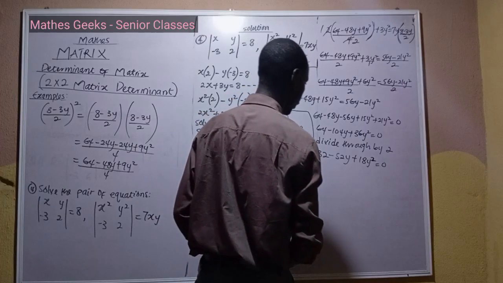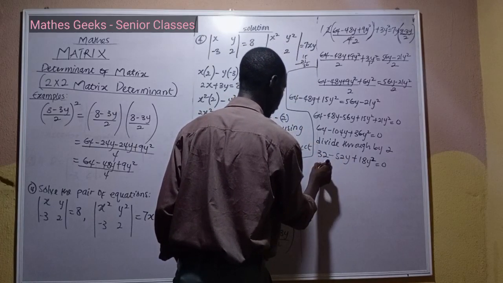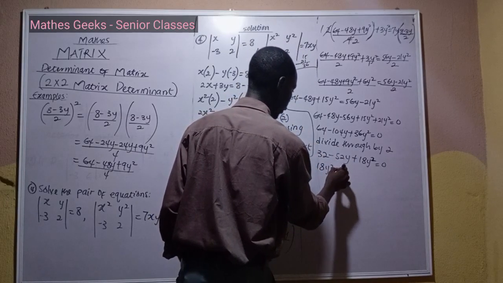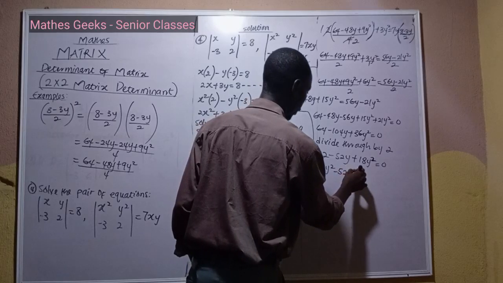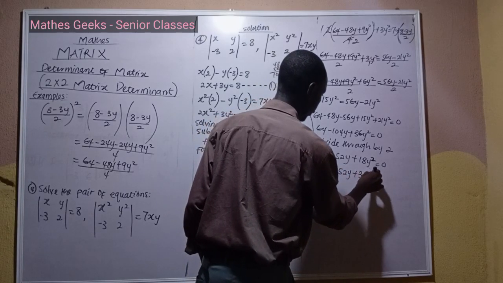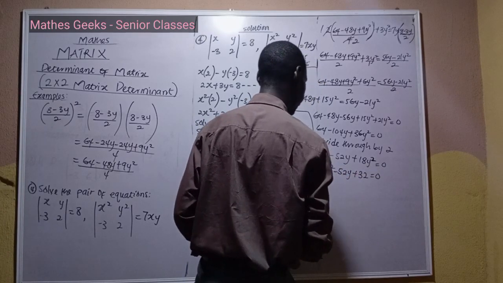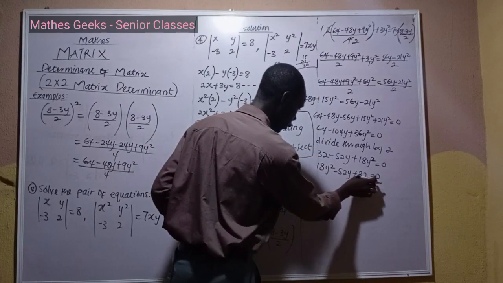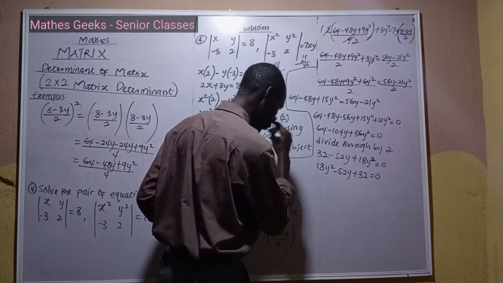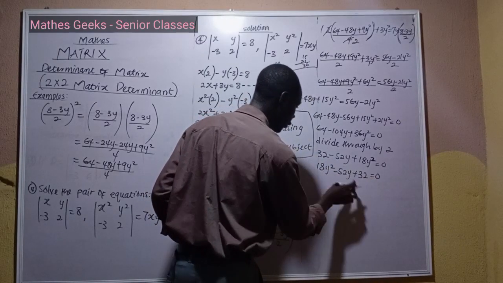So now we have a quadratic equation, so let's rewrite it. 18y squared minus 52y plus 32 is equals to 0. If you look at this, we can see that we can still reduce it further.